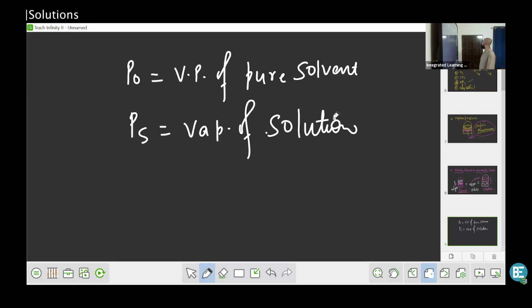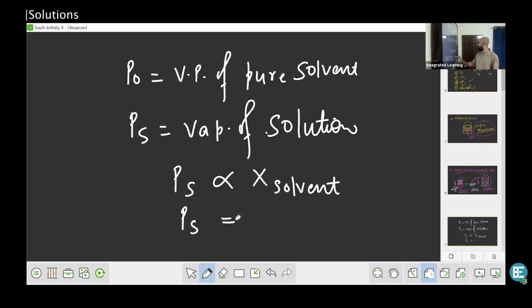Okay? So there's a statement that PS is proportional to mole fraction of solvent. Just understand this, don't write it right now. If we remove the proportionality, it will become mole fraction of solvent into P naught.